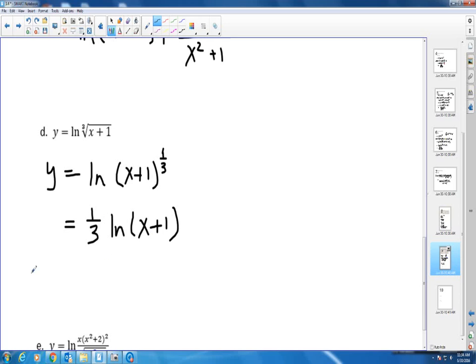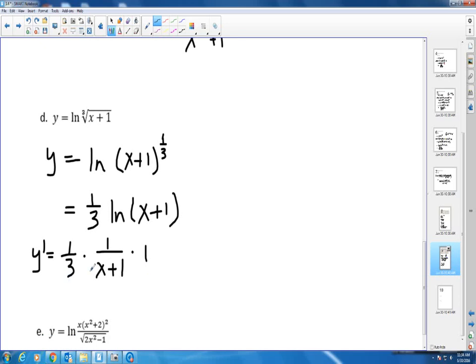Alright, so the 1/3 becomes a constant while I'm taking a derivative. So my 1/3 stays up front. Derivative of my natural log, the outside function, would be 1 over my u, which is x plus 1, times the derivative of my u itself, times the derivative of the inside, which is another 1.